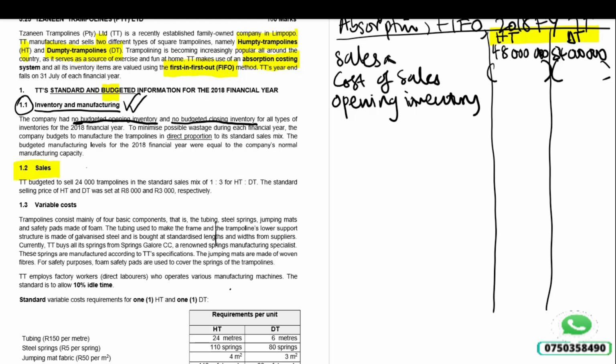So they say to minimize possible wastage during the financial year, the company budgets to manufacture the trampolines in direct proportion to its standard sales mix. The budgeted manufacturing levels for the 2018 financial year were equal to the company's normal operating capacity. So if I don't have opening inventory and I don't have closing inventory, it means that sales units are equal to manufacturing units.